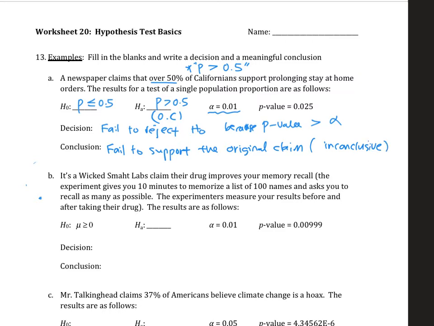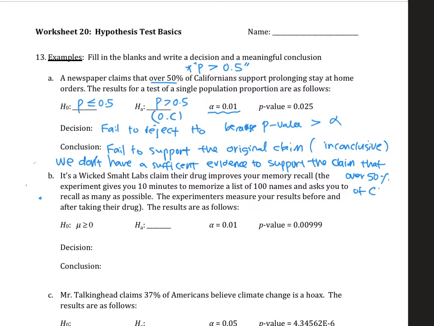So basically what I can say is we don't have sufficient evidence to support the claim that over 50% of Californians support the prolonging stay.